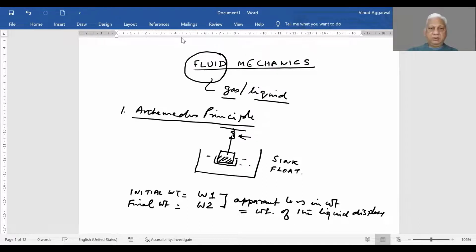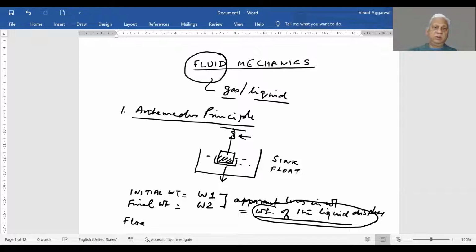Now what happens if the weight of the liquid displaced is less than the weight of the body? Then the body will sink. And what if the weight of the liquid displaced is equal or more than the weight of the body? The body will float.